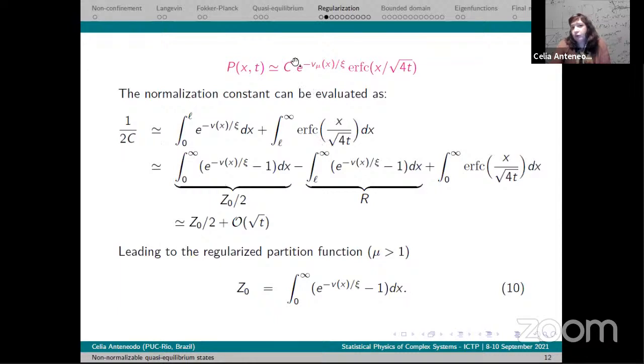To find this normalization constant, the procedure is basically to split the integrals and rearrange terms. When we integrate, we split into regions around L, some crossover point between the two regimes, that we can determine.